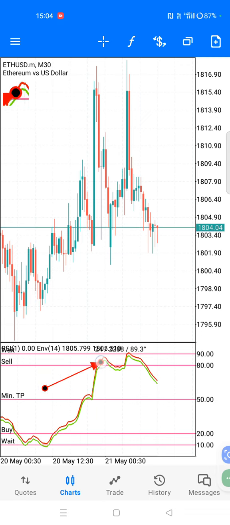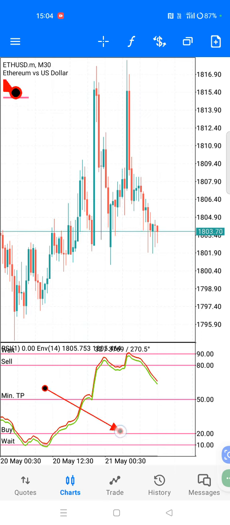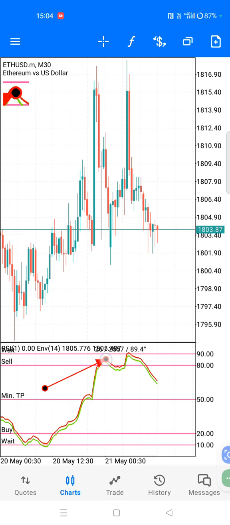For these two, it didn't reach the top line, which is wait. So if let's say it goes all the way down, it is moving towards the direction that we want, which is sell. But then this could be a trick.